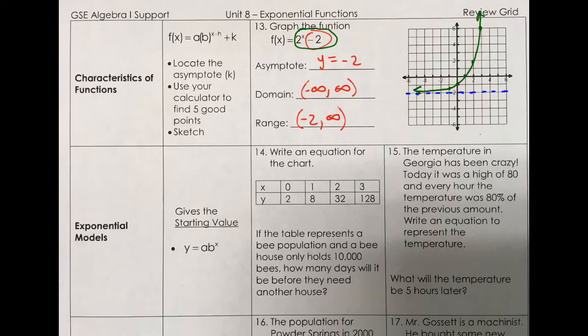Actually, it would have been up here more. The asymptote would have been at 0. But when it's negative, it reflects over, and so this would have been a roof. The asymptote would have been a roof instead of a floor. And so the curve would have started here, and it would have gone down. That's information that you may need for the test.